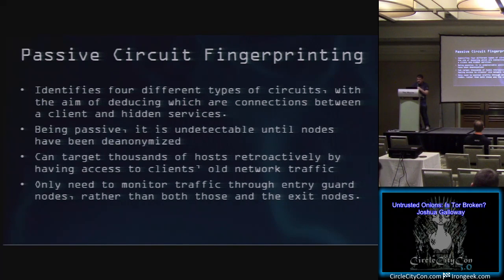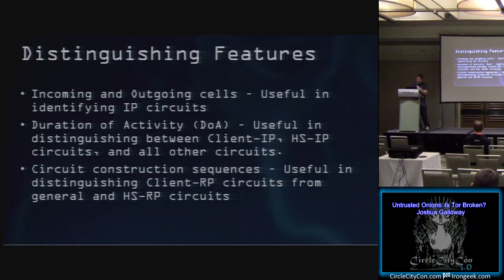How it does this is that there are certain distinguishing features between the circuits: the number of incoming and outgoing cells, and cells are, I think, 512-byte units that Tor uses. The duration of activity of the circuit is very different for different types of circuits, and the circuit construction sequence is different.